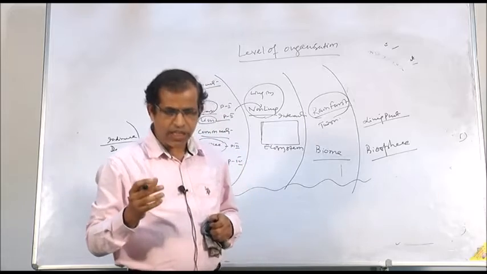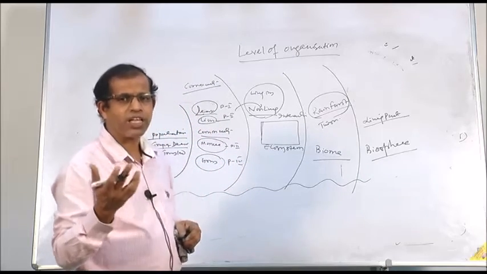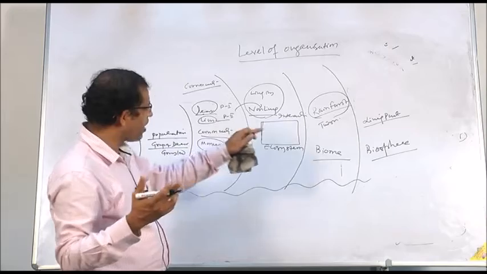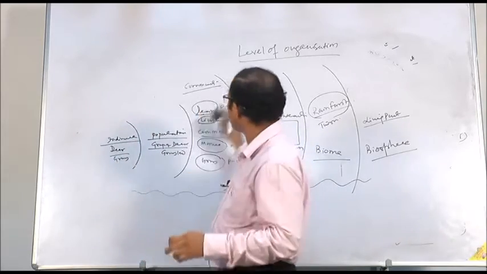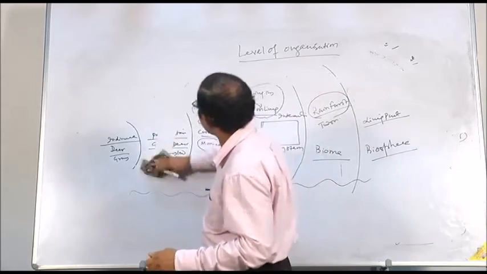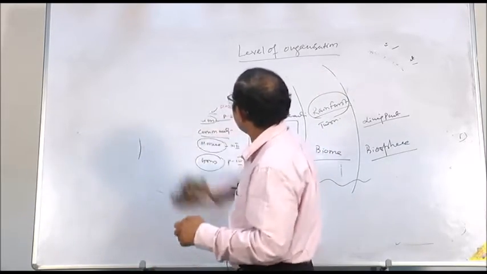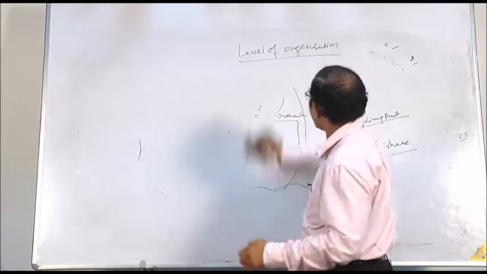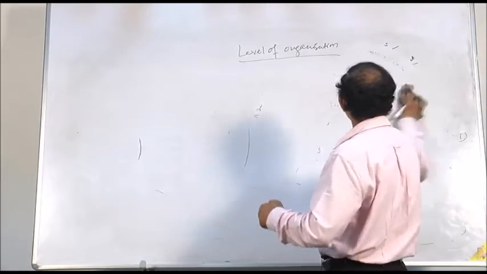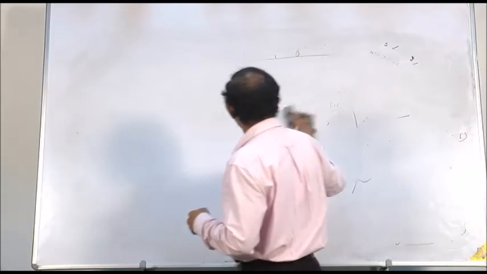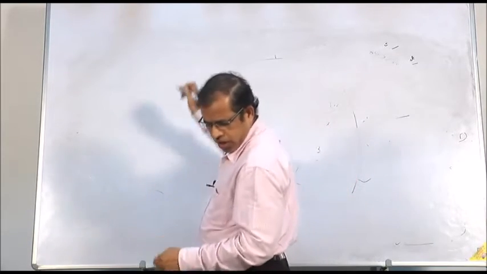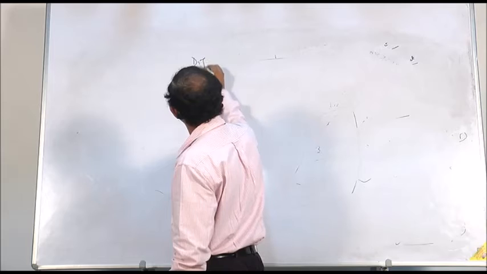If you talk about biomes, what types of biomes are there? After the levels of organization, we need to know the different types of biomes. As we know, biomes are naturally occurring communities.